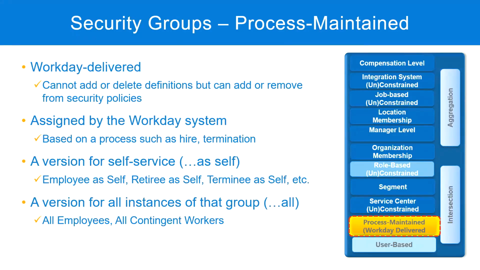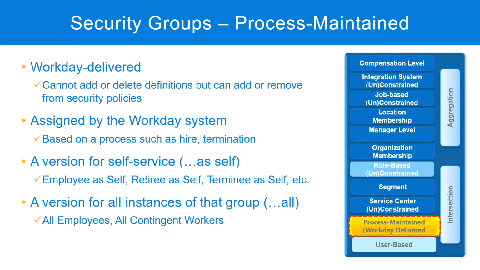Now, like you said, the domain security policy permissions talk about access to the data objects and to the reports or tasks. And it gives you what kind of access? View or modify. Right, and we also have get and put for integrations.